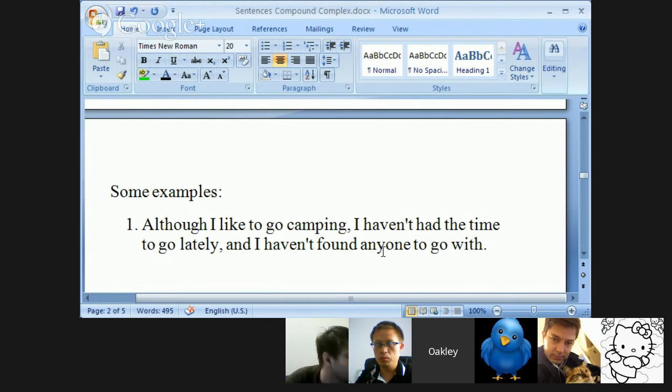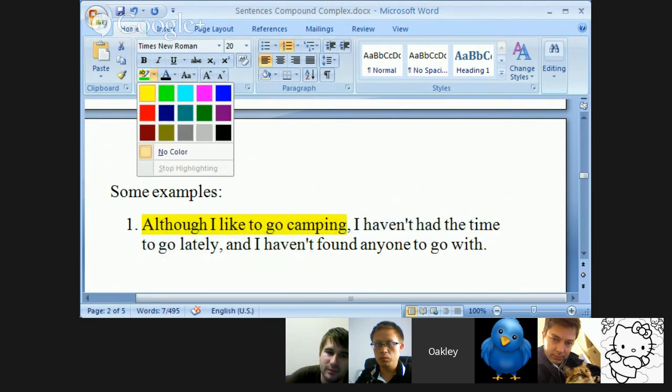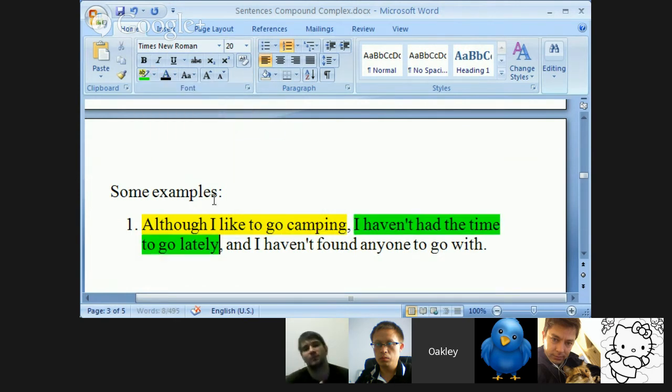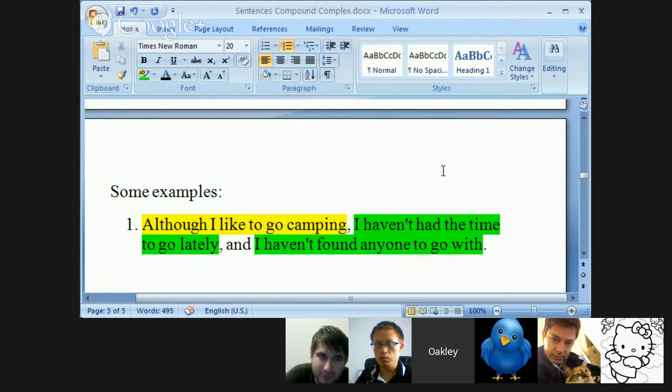What are the independent clauses? "Although I like to go camping" is a dependent clause. Indeed. "I haven't had the time to go lately" is an independent clause. Yes. "I haven't found anyone to go with" is an independent clause. That's it. Exactly.